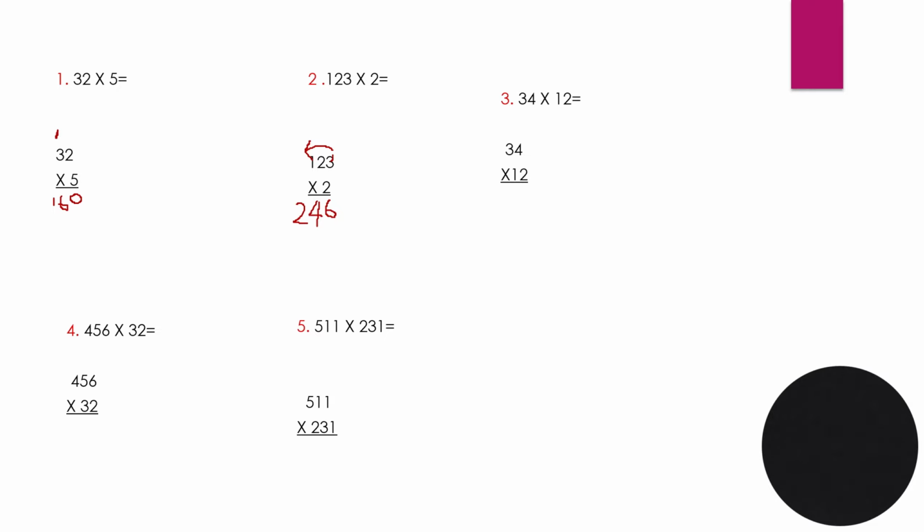Number 3, instead of multiplying by a 1 digit, we're going to multiply by a 2 digit, which is 12. So look carefully guys, and remember we are multiplying from right to left. Because we're multiplying by 2 digits, we're going to add a 0.